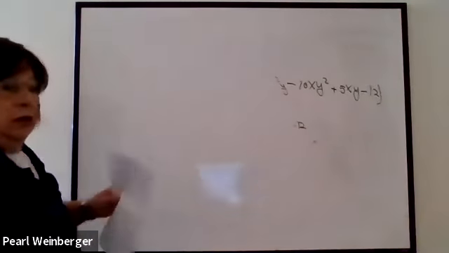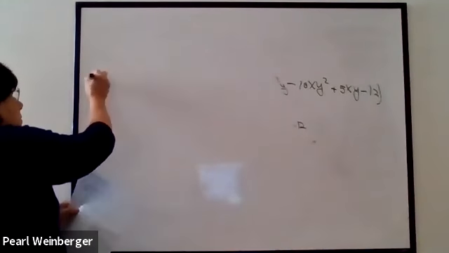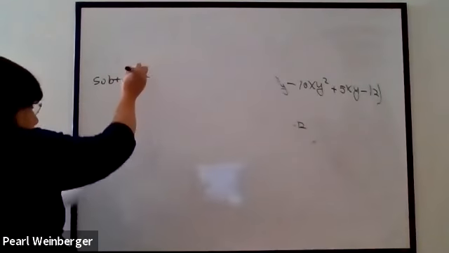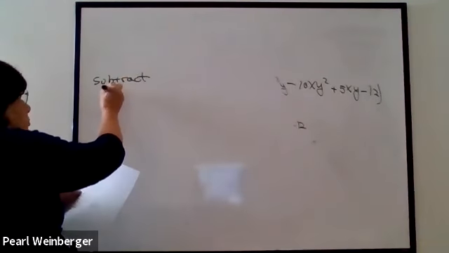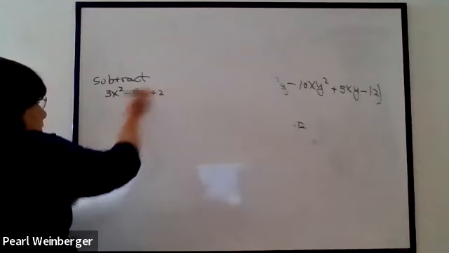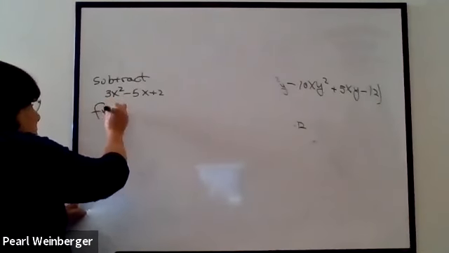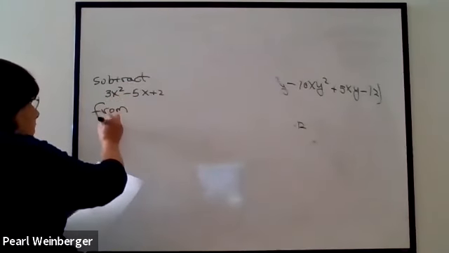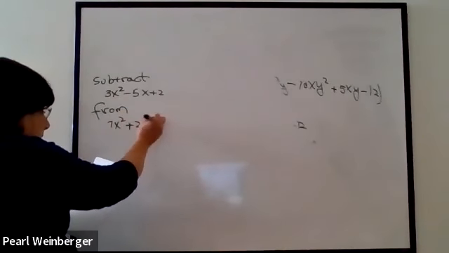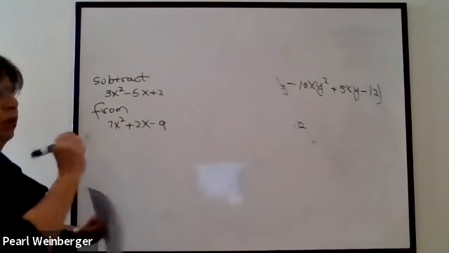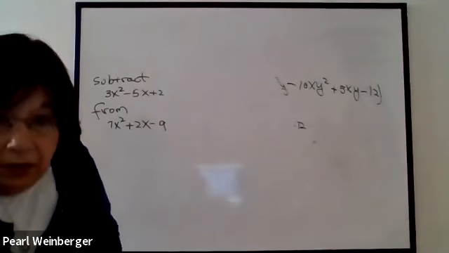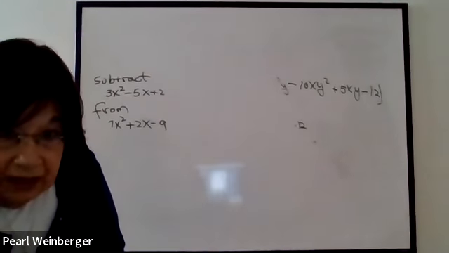When I say subtract 3x squared minus 5x plus 2 from 7x squared plus 2x minus 9. When I write this out, this is a question of being very careful with your language, that the language gets messed up.